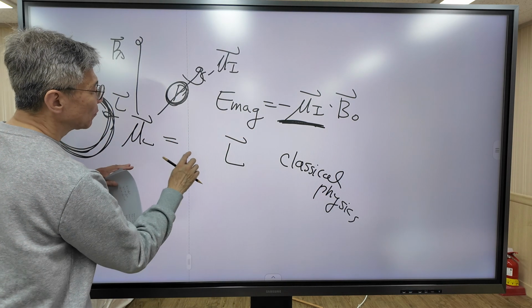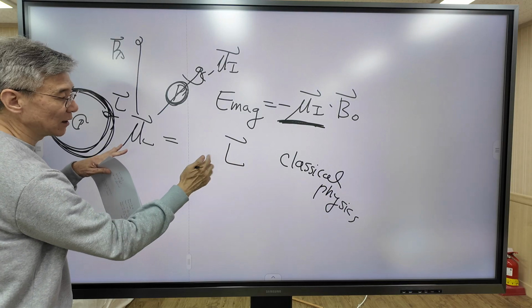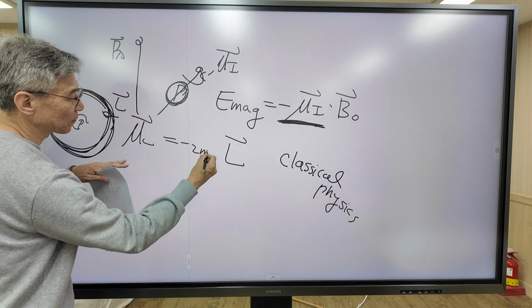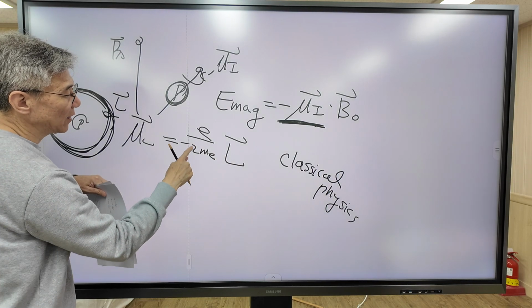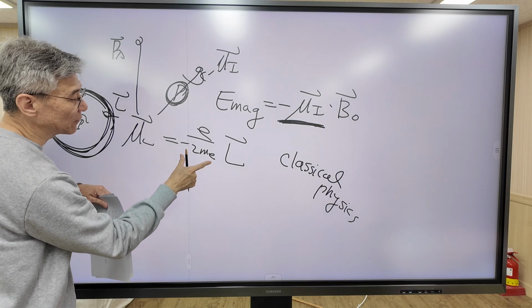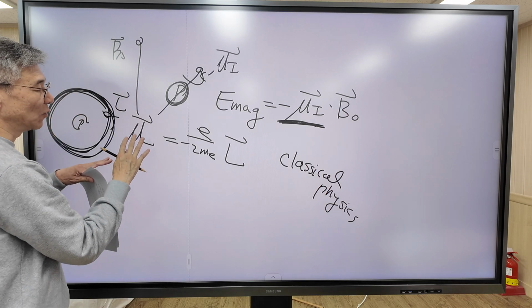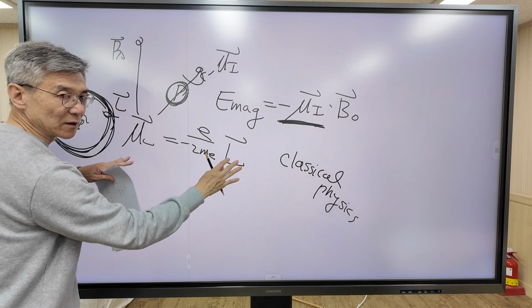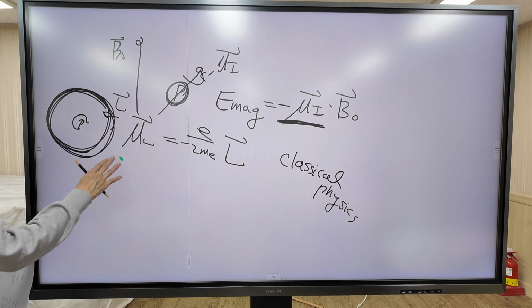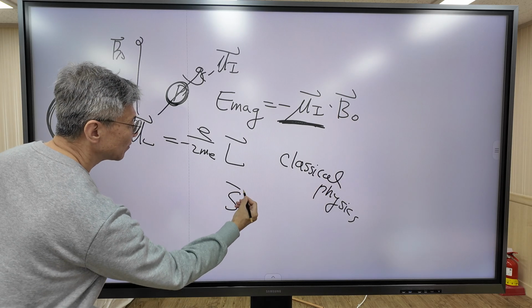So according to classical physics, you can derive a proportionality constant which connects two physical quantities. It is known to be e over minus 2me. This proportionality constant, derived from classical physics, connects the magnetic moment and the orbital angular momentum. But another kind of angular momentum was discovered: spin angular momentum.